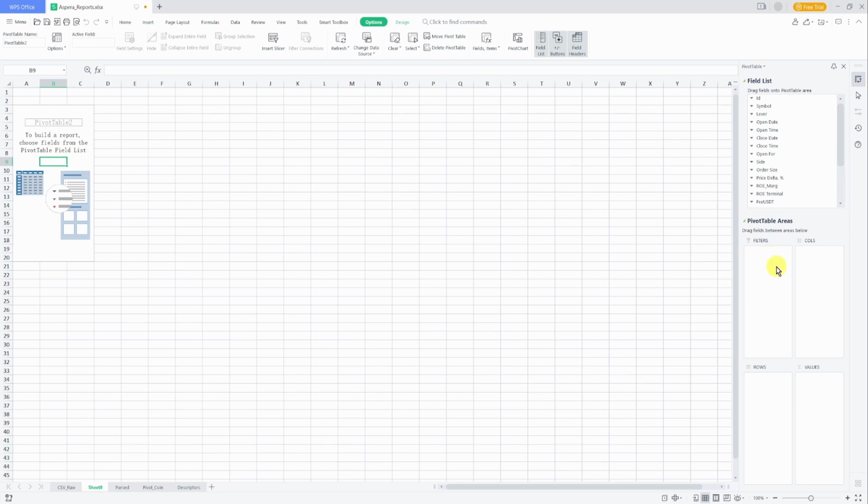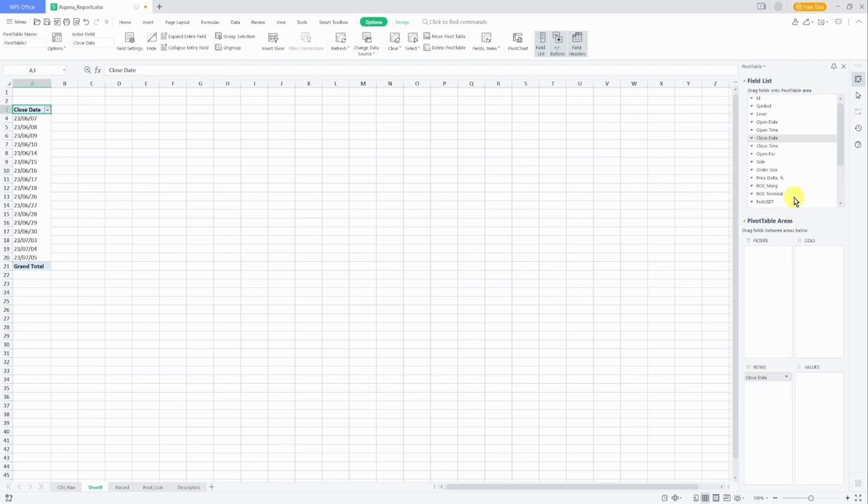So here is how you build it. You have all of your column titles that have data inside. And then you have these 4 areas: filters, columns, rows, and values. So I want to build one where it shows me every day how my algorithms performed. So that would mean that I have to put the day in the rows.